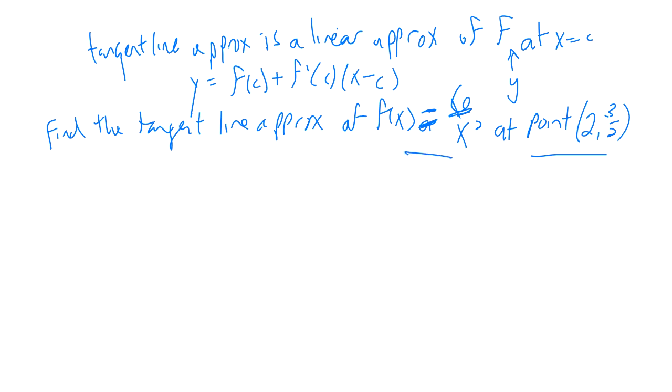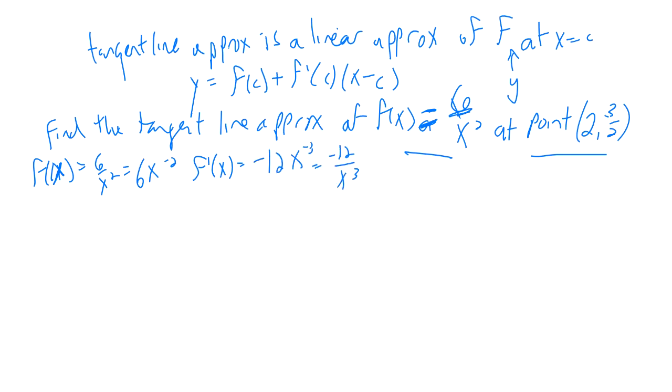First thing we're going to need to do is take that and write it as 6x to the minus 2 so that I can more easily find the derivative. That's going to be negative 12 x to the minus 3, which is negative 12 over x cubed. That's our f prime of x.